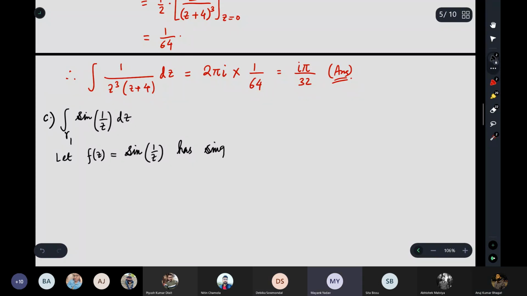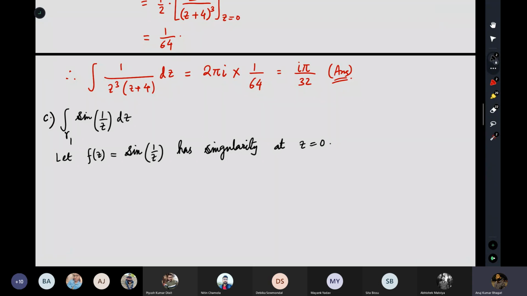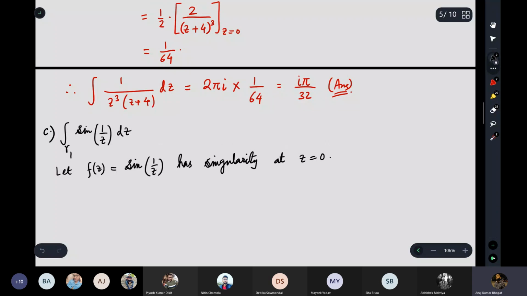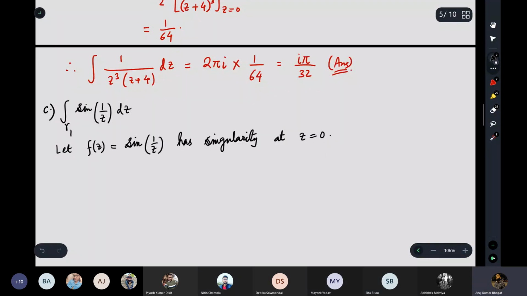Zero. Essential singularity. Only 0. So what kind of singularity is 0? Is it a pole or an isolated singularity or an essential singularity? Essential. Essential, because, so why essential? You can just see that.